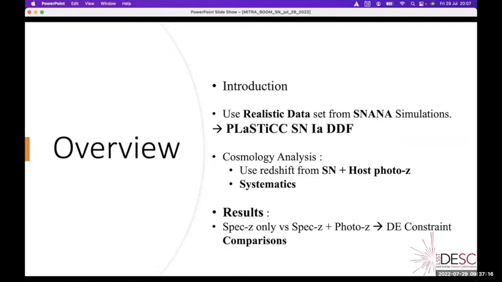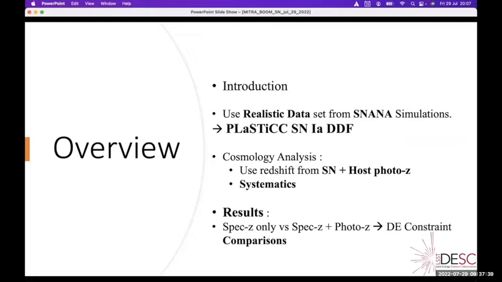So this is roughly going to be the agenda of my talk. Initially we're going to look at the data which we used for the simulations, basically PLAsTiCC supernova 1A DDF data. Then we're going to explore the cosmological analysis that we did with that.